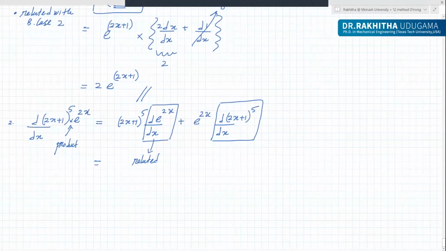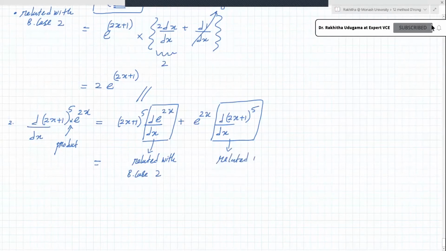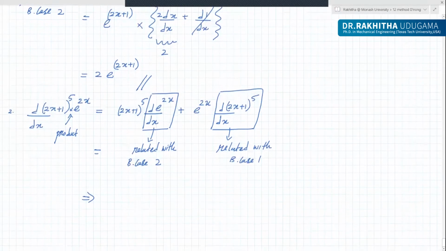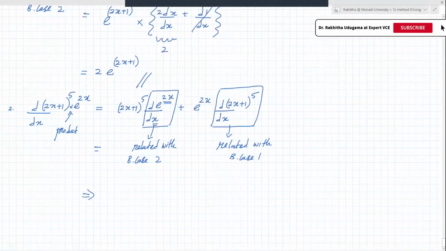Okay. So this part is related to base case 2. This part is related to base case 1. Now what we will do: you have mj here, but you don't have mj here, right? See, here you have 2x, here you have x.